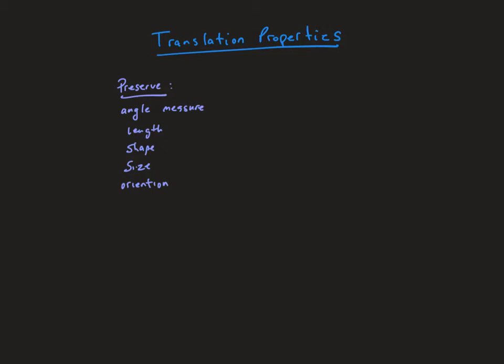So if I translate this, it will translate in this direction, keeping its orientation. If I have A, B, C, D, my new image for my pre-image would be A1, B1, C1, D1.